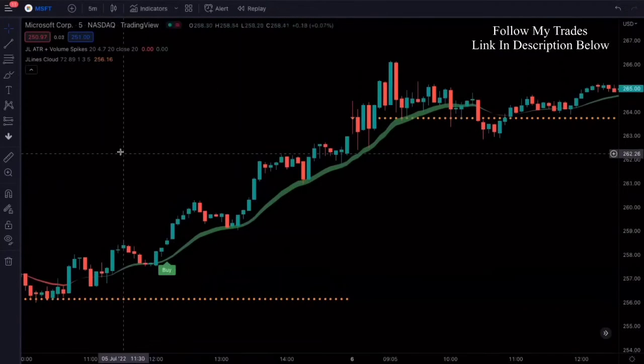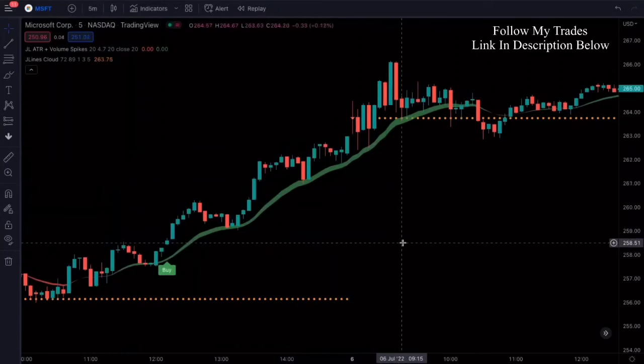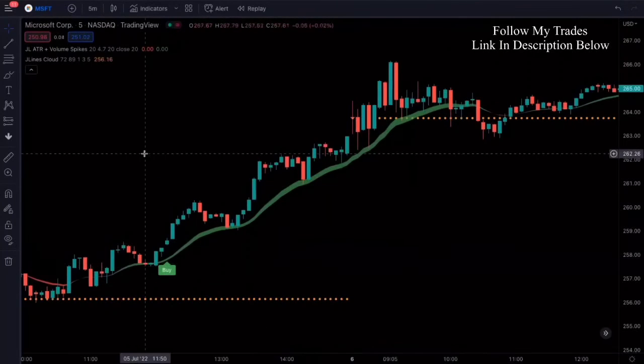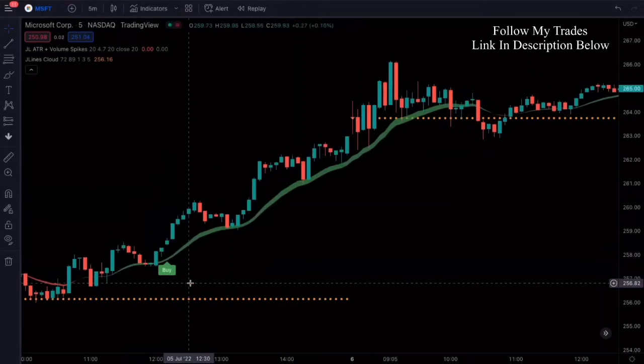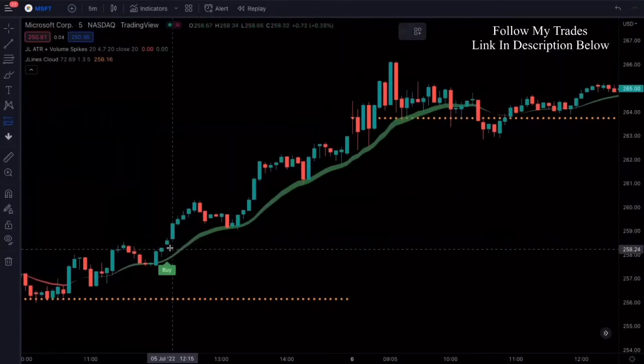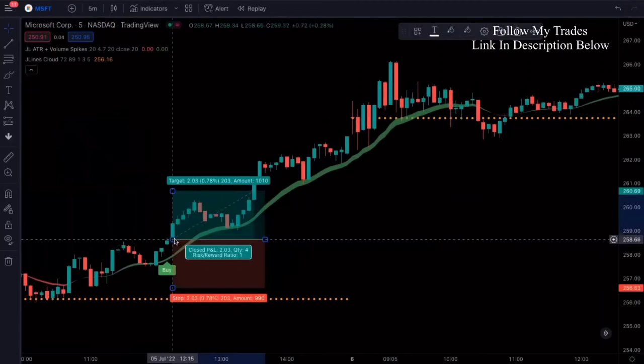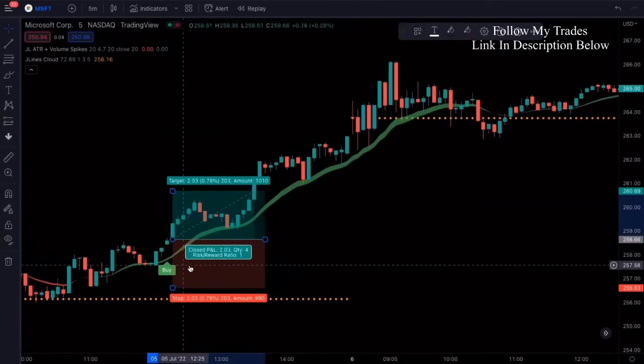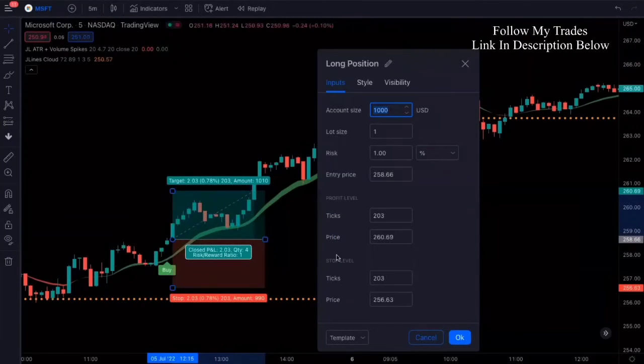I like to use this when I'm scalping or day trading stocks. So I like to put my stop loss at about 1% of the stock price movement. On this particular one, this is the trigger candle. So let's take a look at this long position. You get in at the start of the next candle because this is your trigger candle. We're going to do a 1% stop loss. Okay. So if you're getting in at 258.66, 1% would be 256.07.